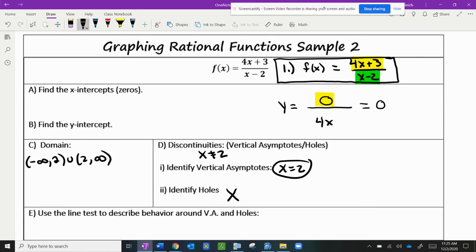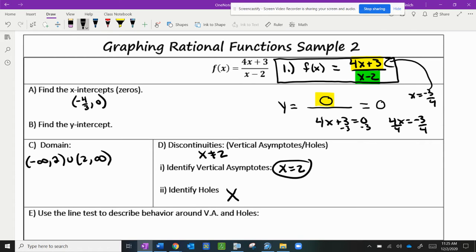So I'm going to take 4x plus 3 and solve it for 0. And I get x is equal to negative 3/4. If I plug that into the numerator, that will cause it to be 0. 0 divided by anything is 0. So I know my x-intercept is at negative 3/4, 0.